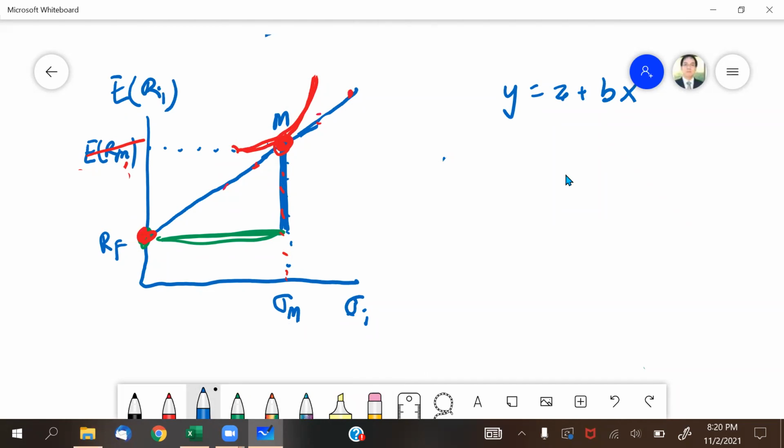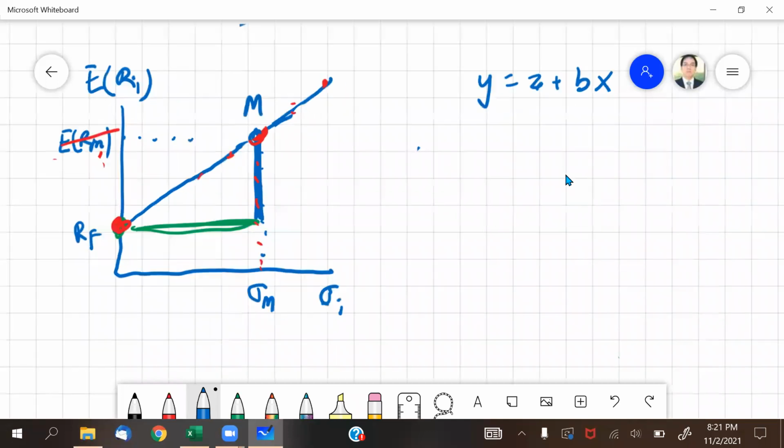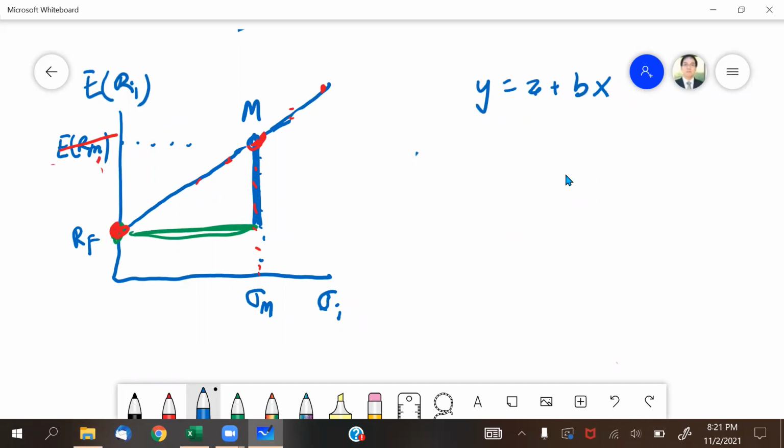Okay, so we change it to individual assets, for the case of an individual asset here. All other things are similar, right? Expected return on the market and then the market risk. But remember from the explanation of the single index model or capital asset pricing model by William Sharpe, if we have a new asset to be included in a relatively well diversified portfolio, then only its systematic risk should be taken into account.